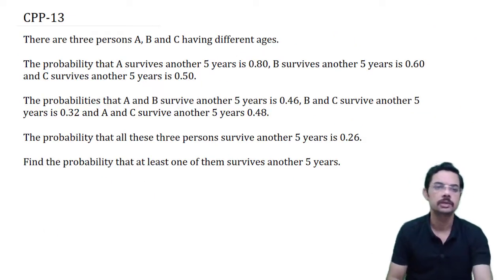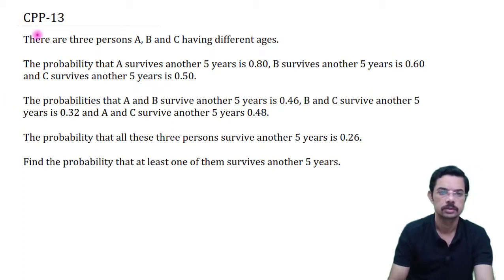Here in question number 13 is a long question. There are three persons A, B, and C having different ages. The probability that A survives another 5 years is 80% or 0.80, and B survives another 5 years is 0.6. C survives another 5 years is 0.50.